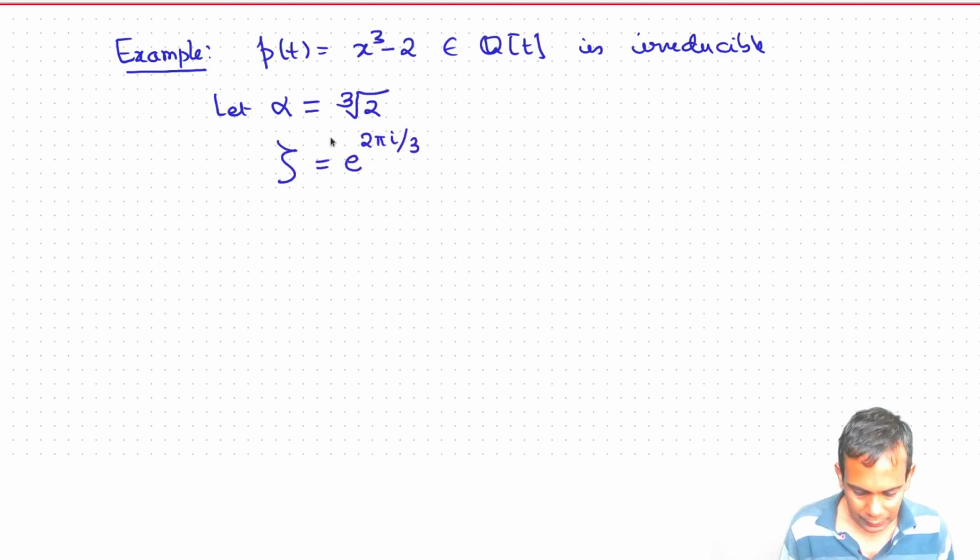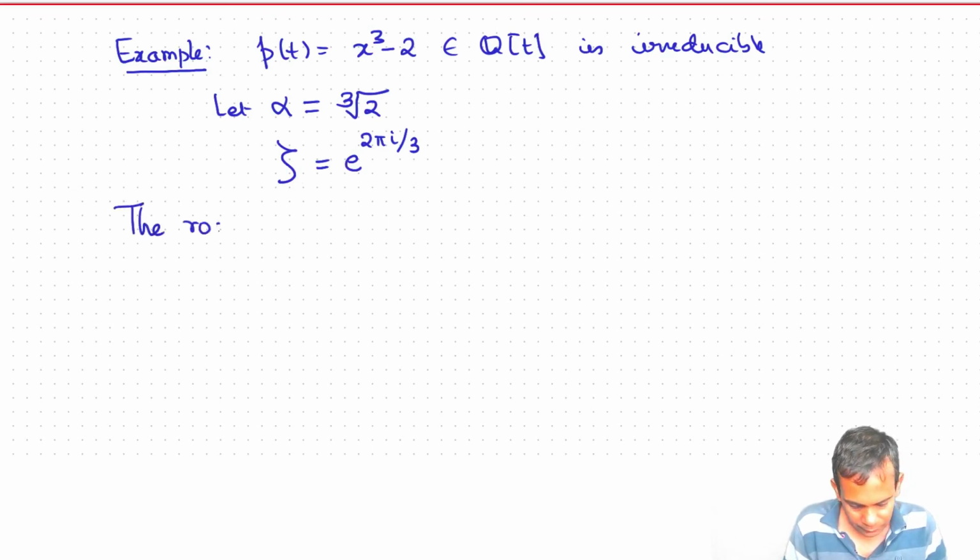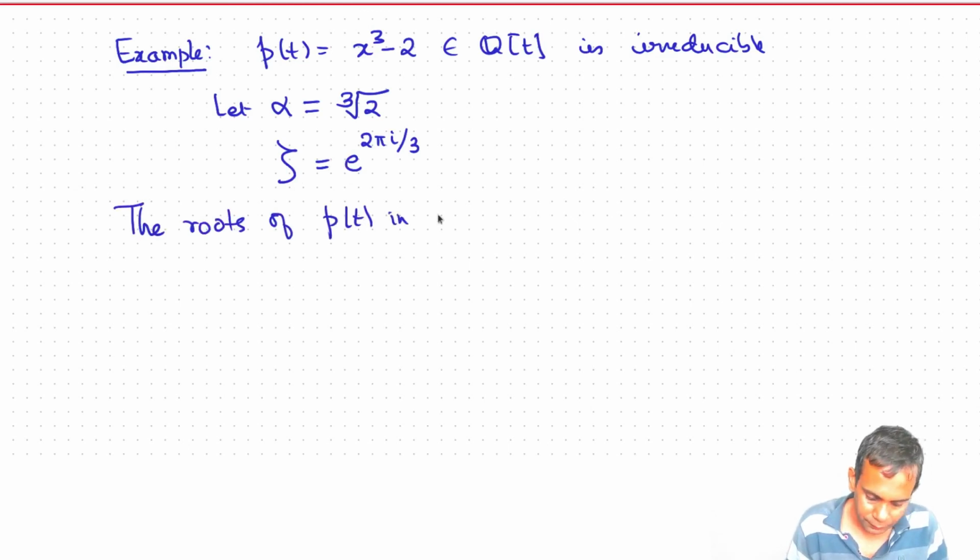So this is a cube root of 1 in the complex numbers. Zeta cubed is equal to 1. Then the roots of p(t) in the complex numbers are alpha, alpha zeta, and alpha zeta squared.